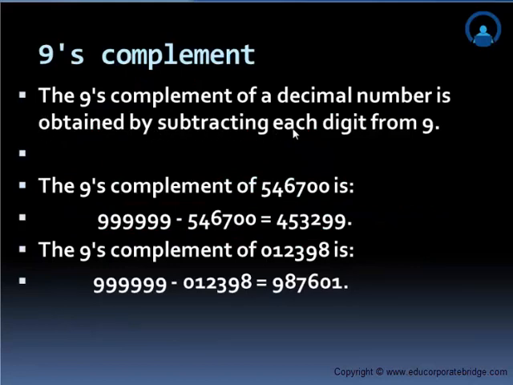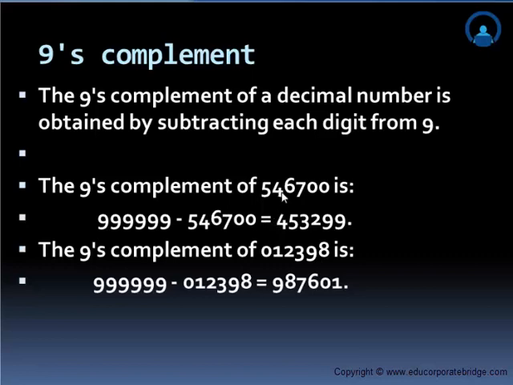First, the 9's complement of a decimal number. How can it be obtained? The simplest and most important step is subtracting the number for which we are asked to find the 9's complement from 999 and so on. Let's say the number is 546700. If we are asked to find the 9's complement, we simply subtract 546700 from an equivalent number of 9's.